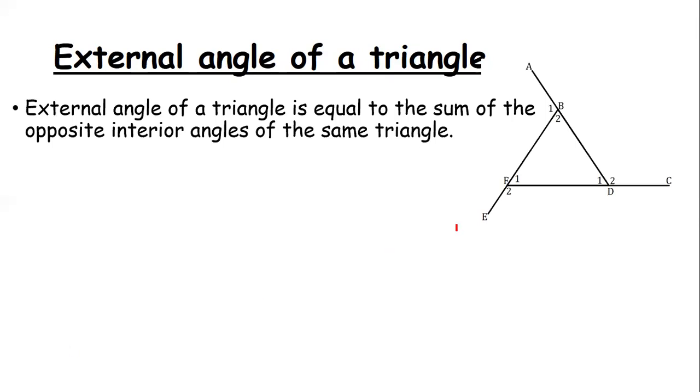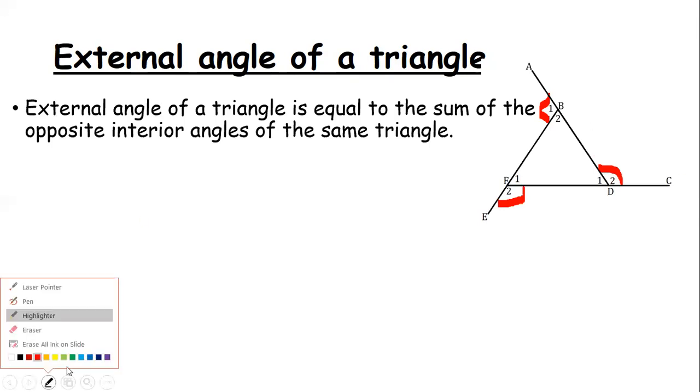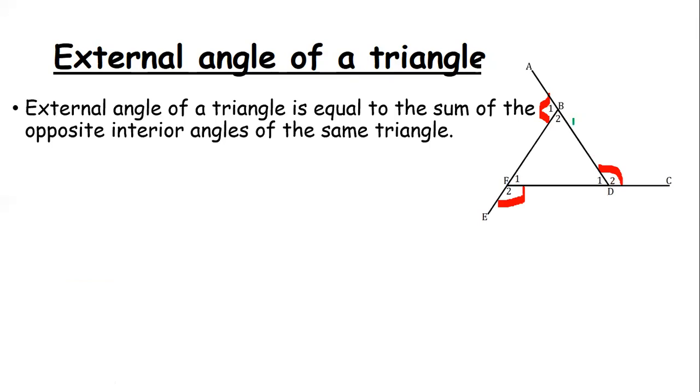Let me use a pen. All these in red will be our external angles. This one and that one and this one. This is what we call an external angle. And the interior angles are these ones which are in green. This one and that one and that one.